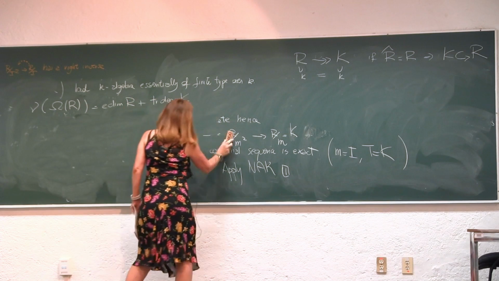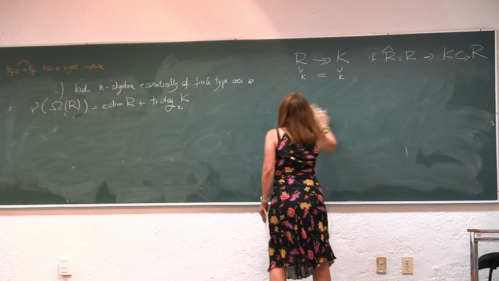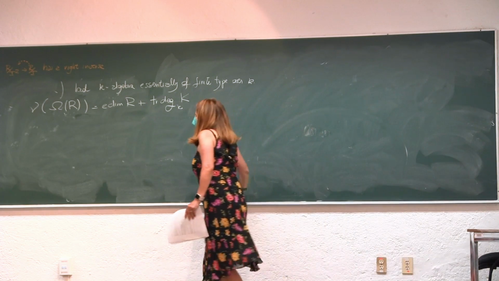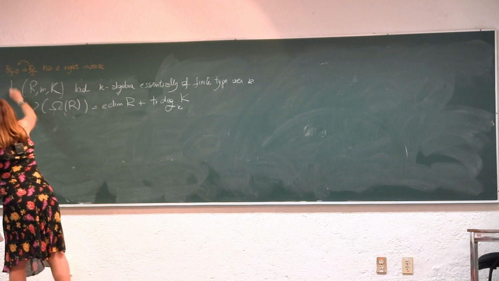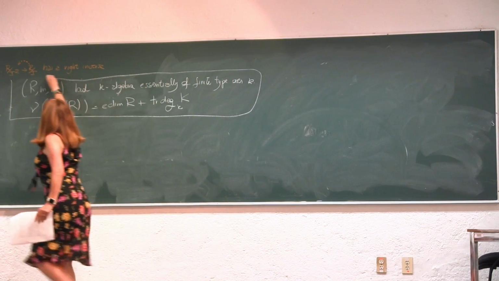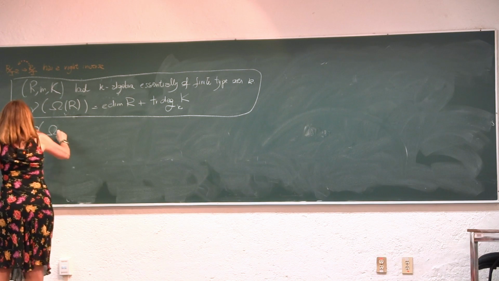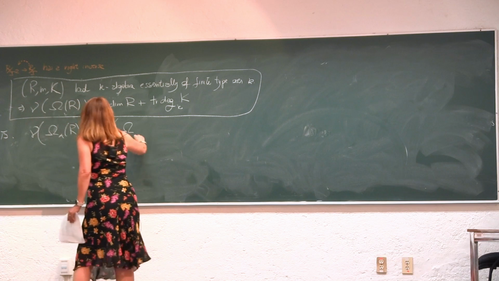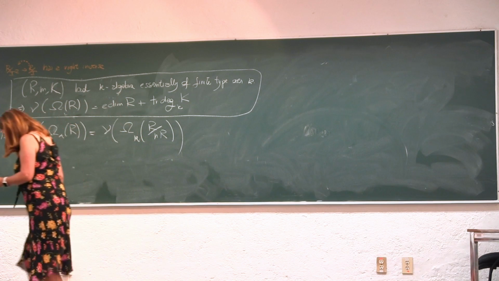So you can check that this was really the same statement. So now I have to show that the number of generators of omega of R over A is the same as the number of generators of omega over little k of R over mR. Okay? So this is what I have to show.